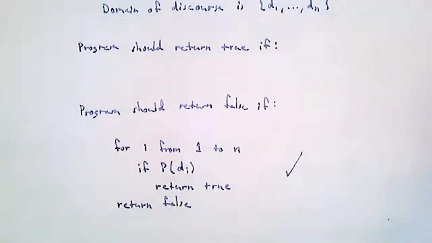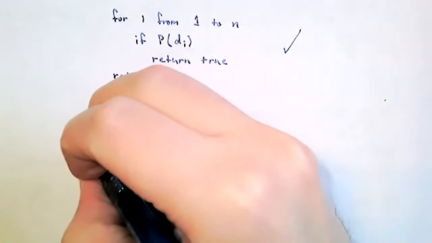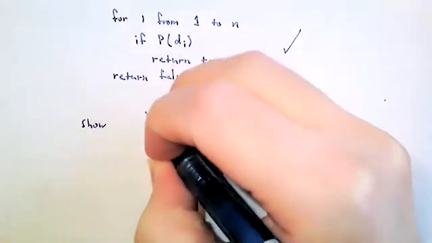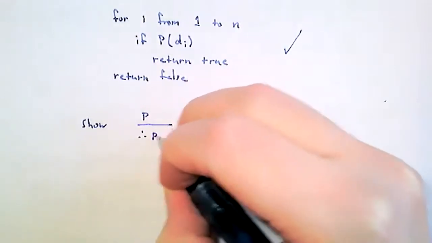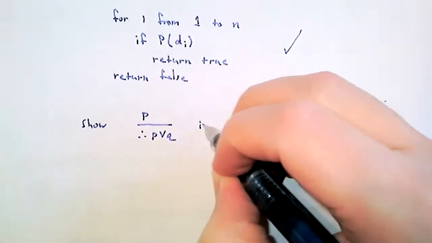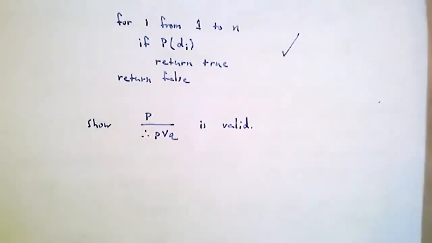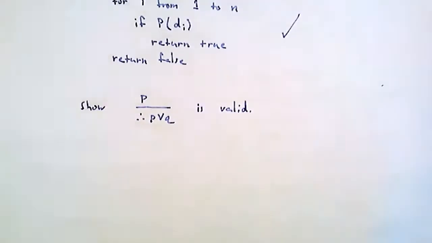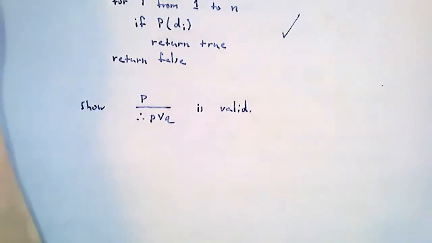So let me write that down on my paper so we can actually do some work. Okay, so what we're trying to do is show that we can add on an extra proposition using an or, and we get a valid argument.